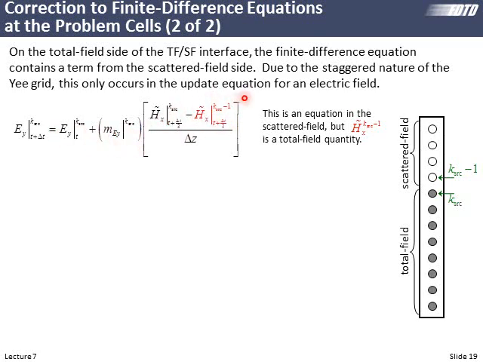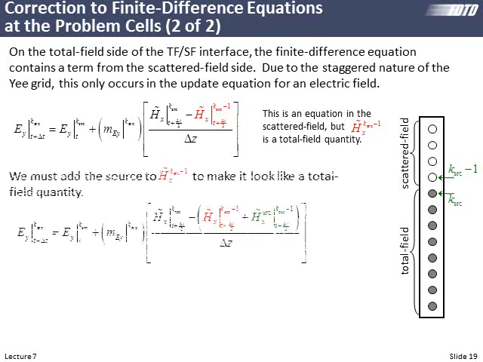Well, we need to fix that. And how do we make a scattered field quantity look like a total field quantity? We add the source to it. So that's exactly what happens. We take our scattered field quantity and add the source. If there was a source there, what that would look like, we add it to it. Now we have a total field quantity.